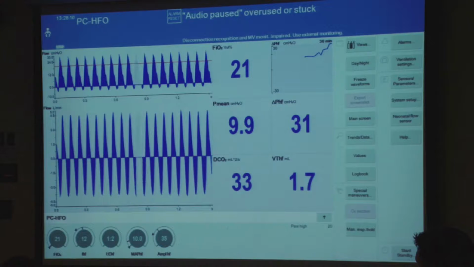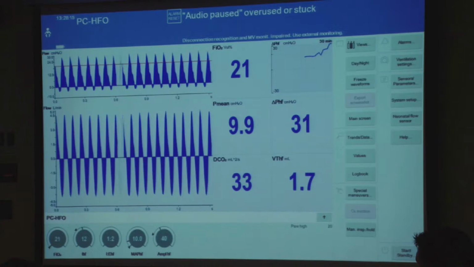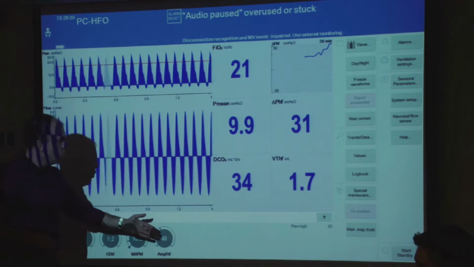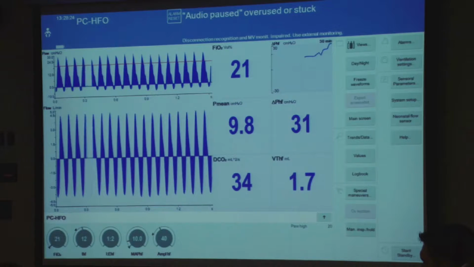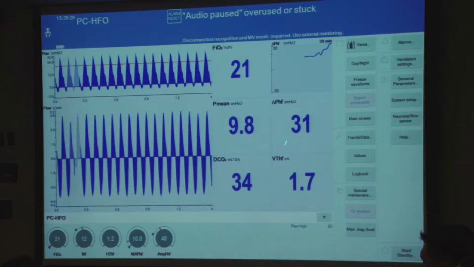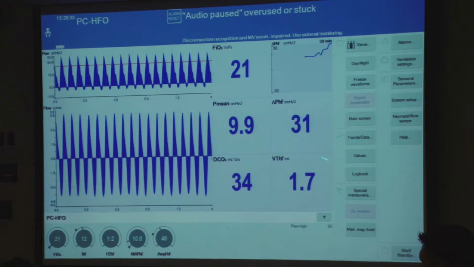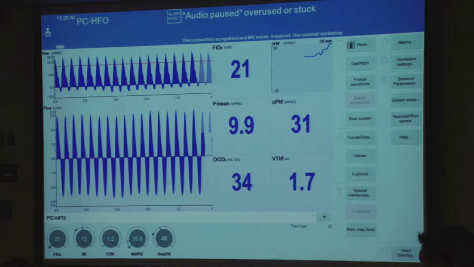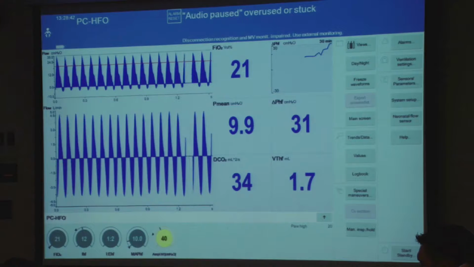So again, no matter what I dial here, and what we generally do with the piglet is we test each of these steps with blood gas. And you can actually see the correlation that you don't improve CO2 until you've actually increased that parameter. Otherwise, it really doesn't make any difference. So again, we're at 40, let's go back to 35.